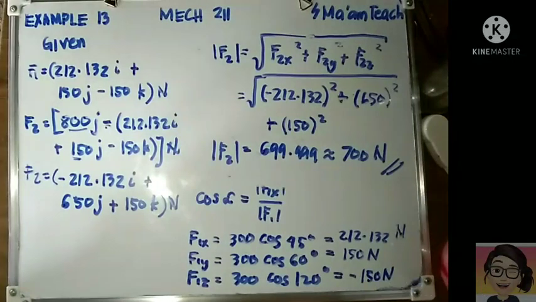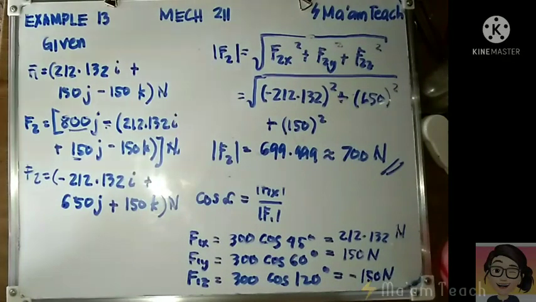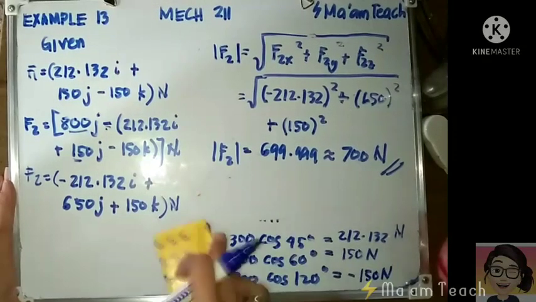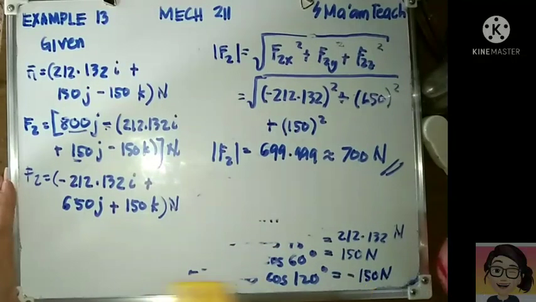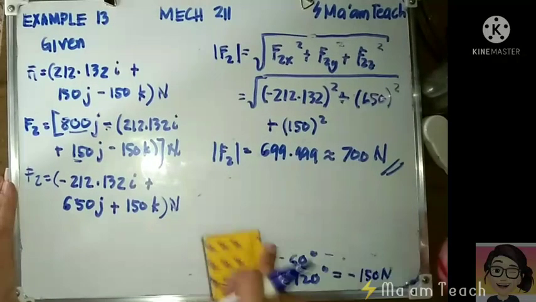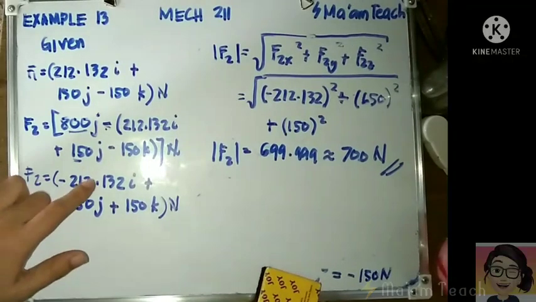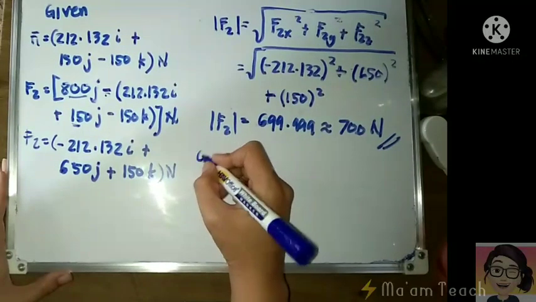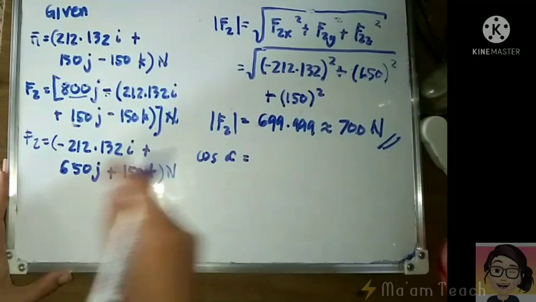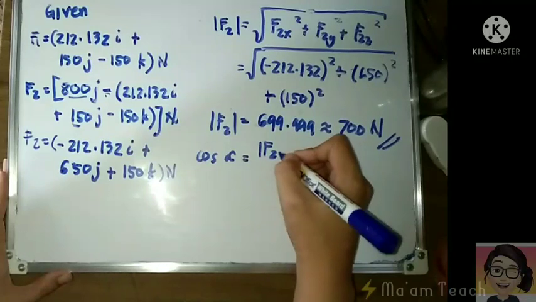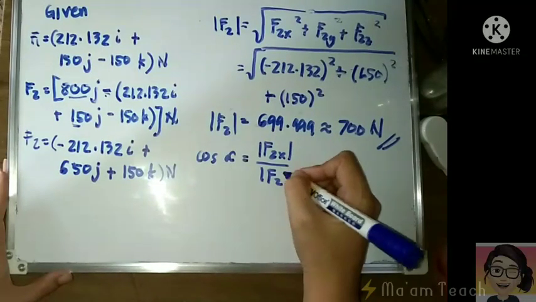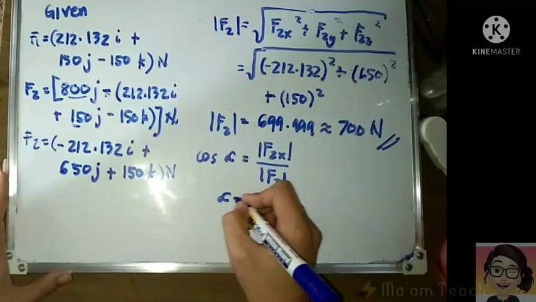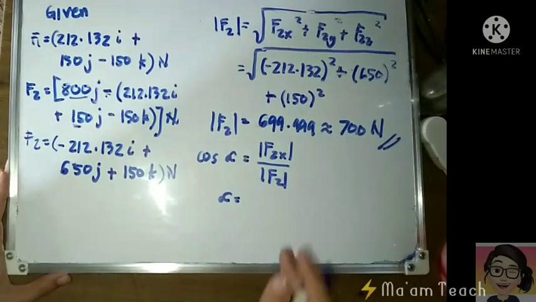But as we have said, in the problem, we still need to solve for the coordinate direction angles. So we will be solving for alpha, beta, and gamma of your F sub 2 using this equation here. Okay? So using cosine alpha, you have here the F2x over your magnitude. Take note that we will only get the absolute value.